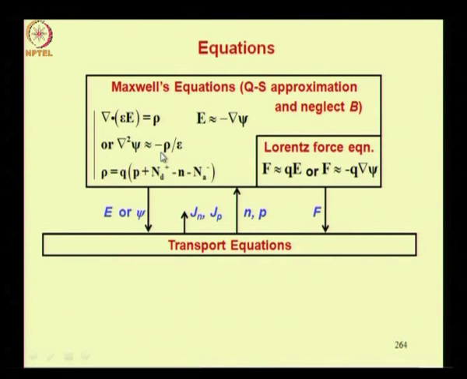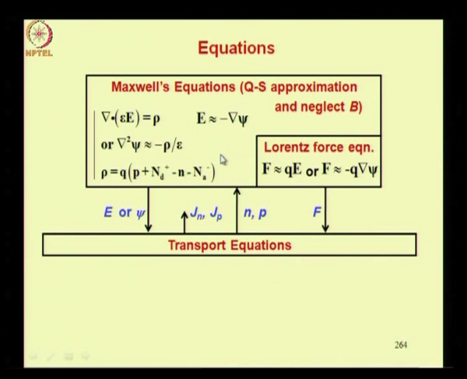Now in deriving this equation we have assumed that the epsilon or dielectric constant is not dependent on space, right. So spatially uniform, and the Lorentz force equation reduces to a simple formula, F is equal to Q times E, assuming a positive charge Q, or F is equal to minus Q times gradient of potential.